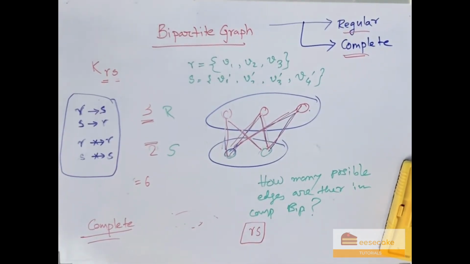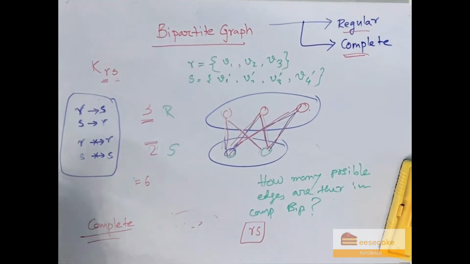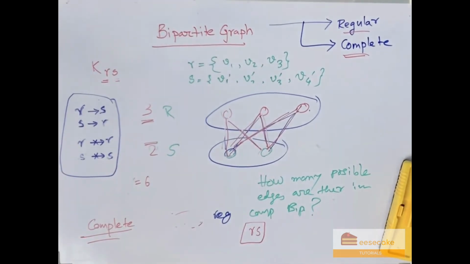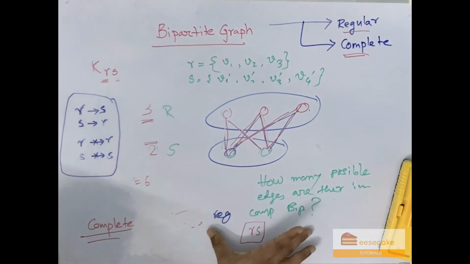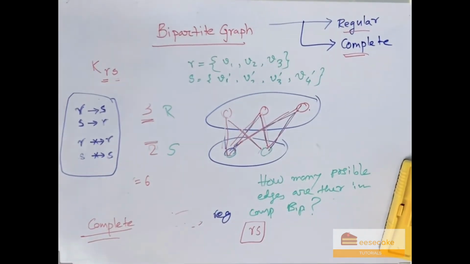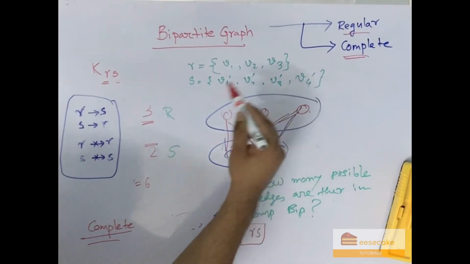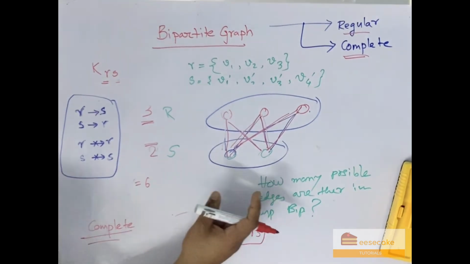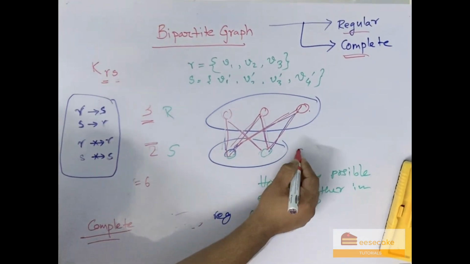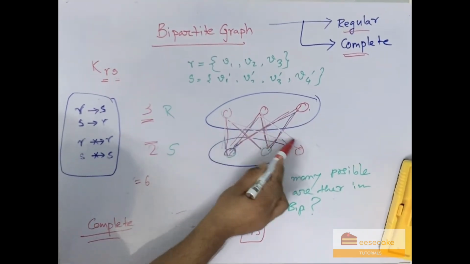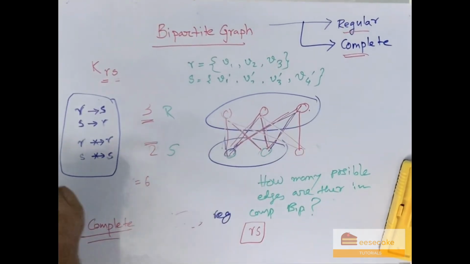How many possible edges are there in a complete bipartite graph? |R| times |S|. Now if I say how many possible edges are there in a regular complete bipartite graph, a regular complete bipartite graph is a bipartite graph which is regular as well as complete. If I convert this example into a regular complete bipartite graph, I will add another vertex here, and an extra edge will come.